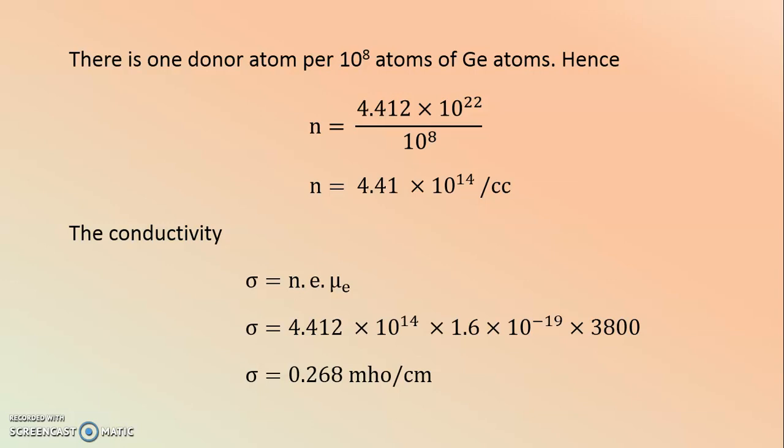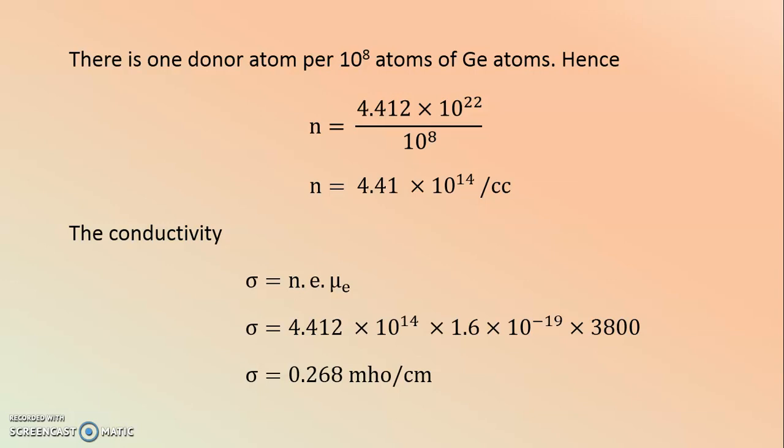In this numerical, the calculation of n is most important. If the total number of atoms is not given, then we should calculate it using the formula of Avogadro number upon atomic weight into density. That gives us the total number of atoms.